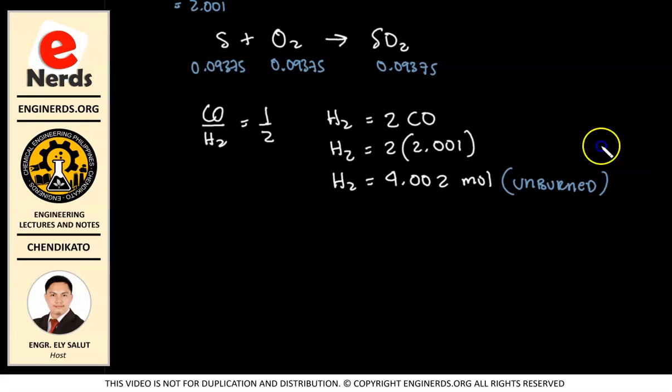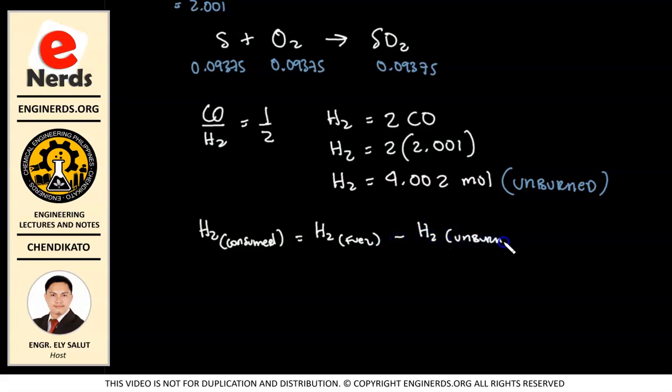We have to know, because we have unburned here, that if we subtract this from the hydrogen in the fuel, we will know how much hydrogen is consumed. So let us write H2 consumed is equal to H2 from the fuel minus H2 unburned. This is how you find out how much H2 is consumed.